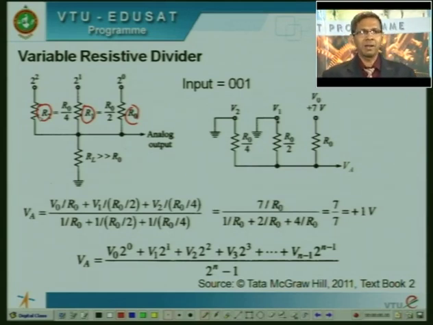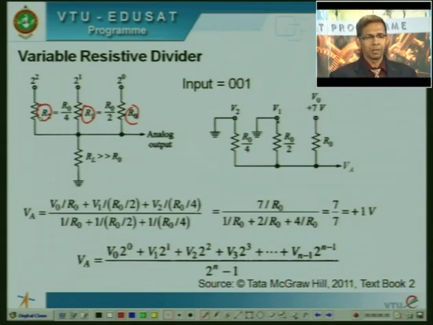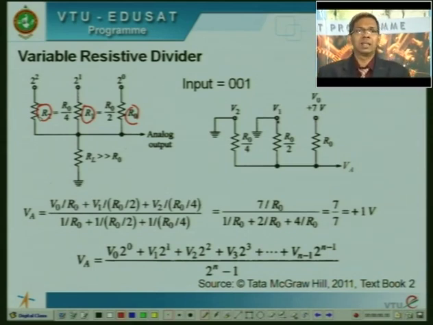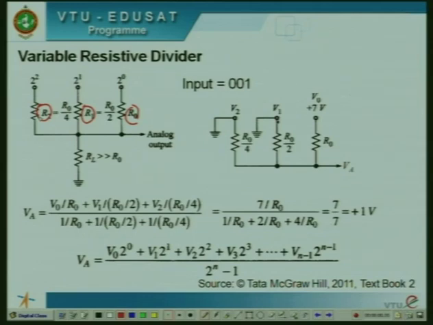Then the last resistor will be almost 500 times smaller than the first resistor. The first challenge is getting precise resistance values, because if the value of resistance changes, then accuracy issues are going to creep in. That means whatever is the theoretical value, the practical value may not be the same, because there are a lot of tolerances in the resistors.